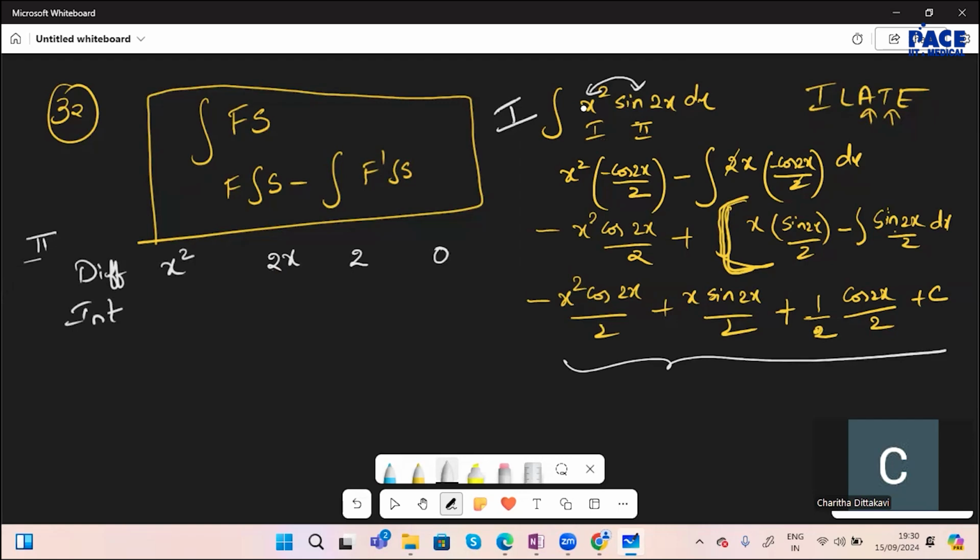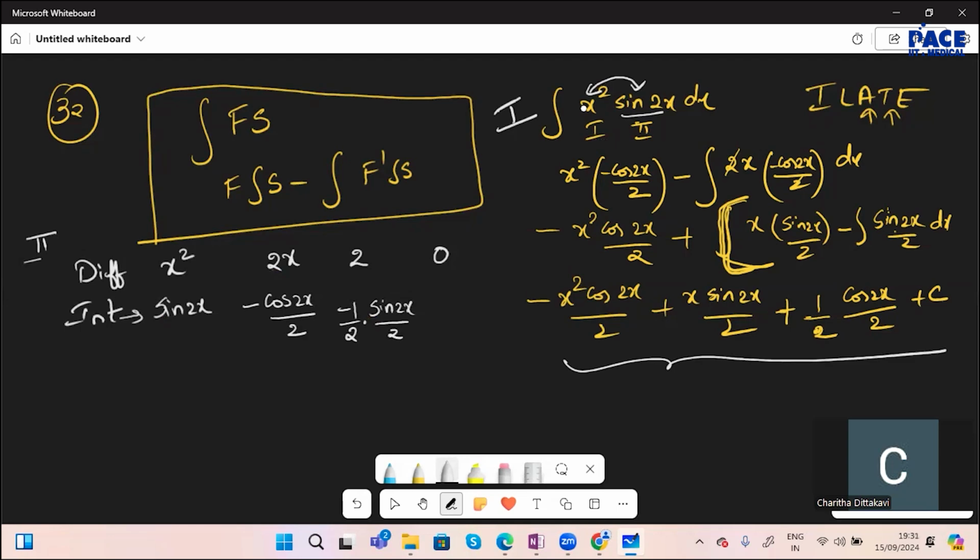So here I am considering x square to be the differentiable function, going with sine 2x as the integrable function. That is my sine 2x, which I am writing here. Now do it carefully. Integration is what I need to do for sine 2x, right? So the integration of sine 2x is minus cos 2x upon 2, right? Again, now the integration of cos 2x by 2, that is minus 1 by 2 you already have. And the integration of cos 2x is nothing but sine 2x by 2, isn't it?